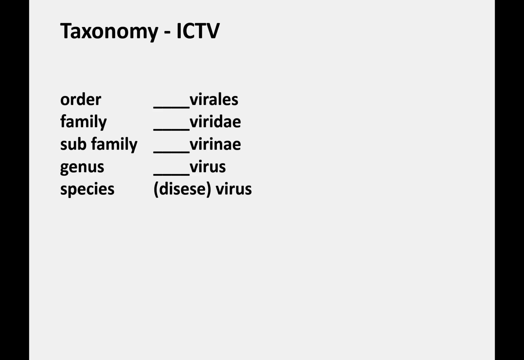To keep on this craziness of viruses, and you will rarely see this, you sometimes see a family name, but this is the technical taxonomy designation for viruses. ICTV is the International Committee on Taxonomy of Viruses that tells you how to properly name them.